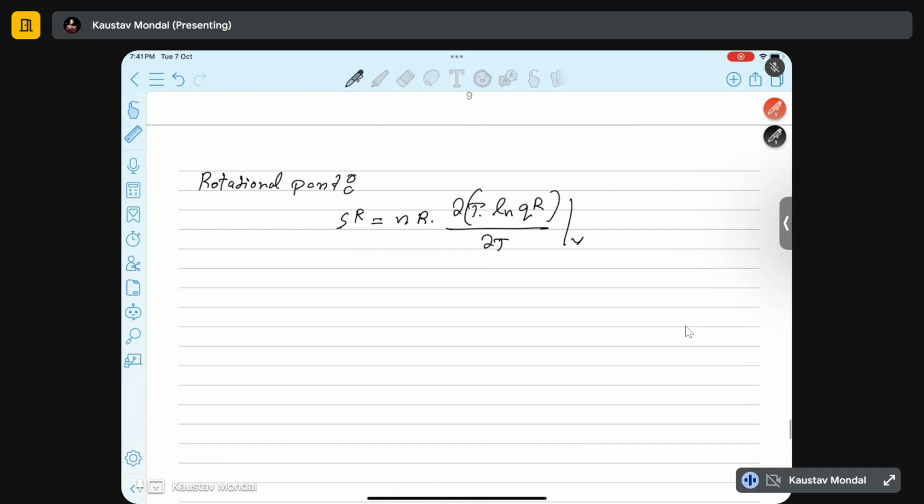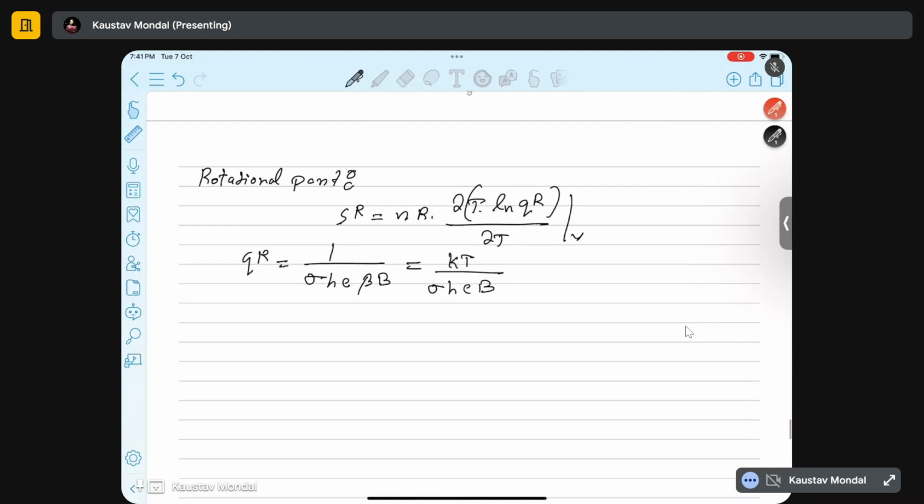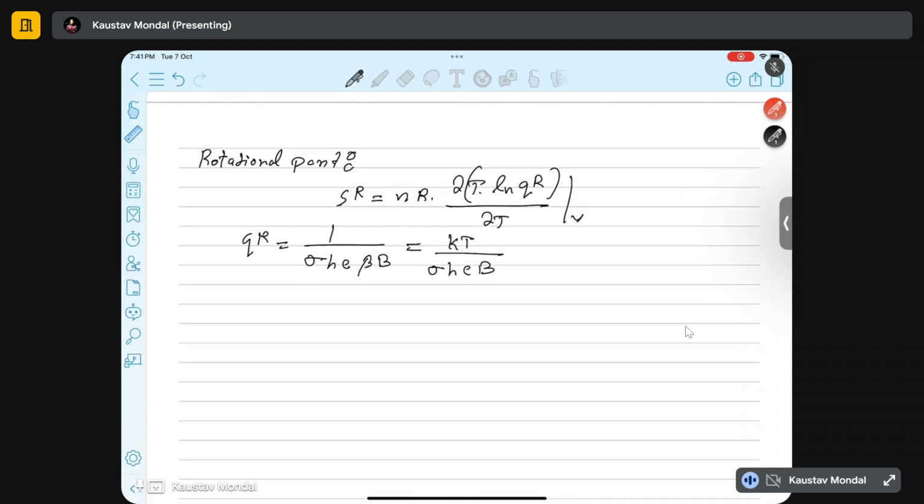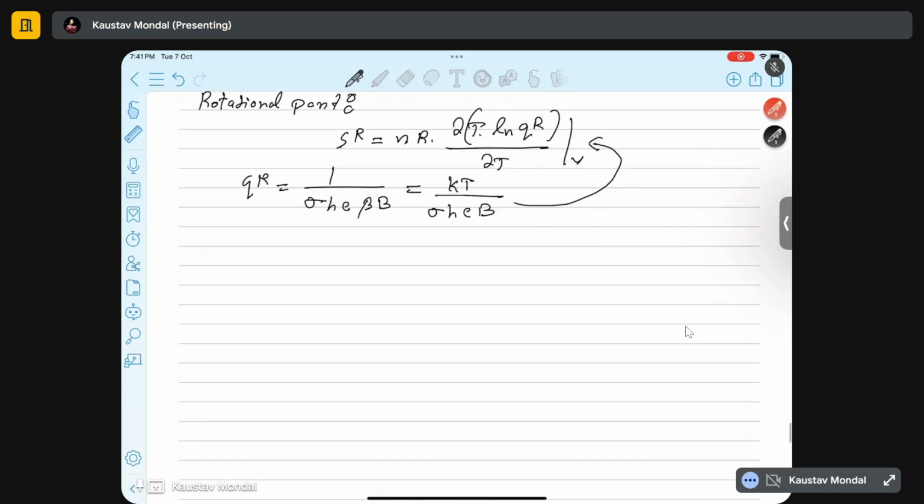Now QR, the rotational part, is basically 1 by sigma hc beta B. Beta we know is 1 by kT, so kT by sigma hcB. This is the expression of QR. Now simply substitute this expression of QR into the expression of SR. So SR would be NR into del T of.